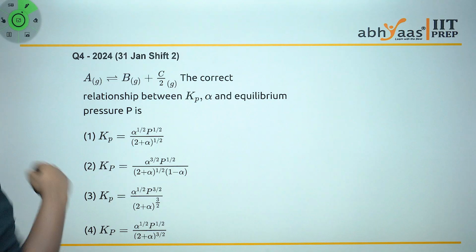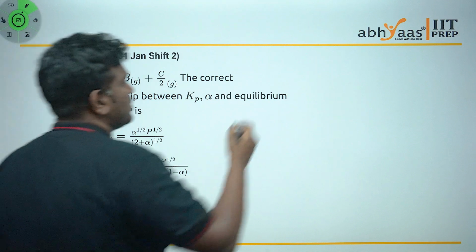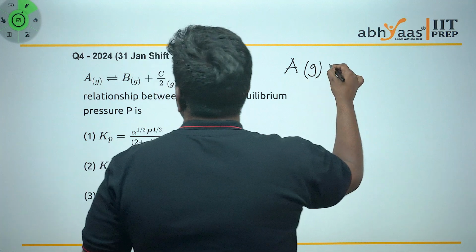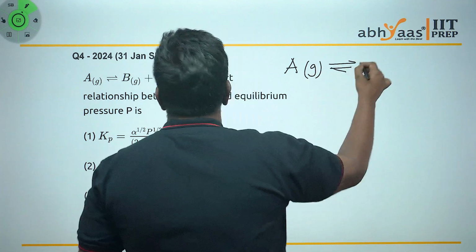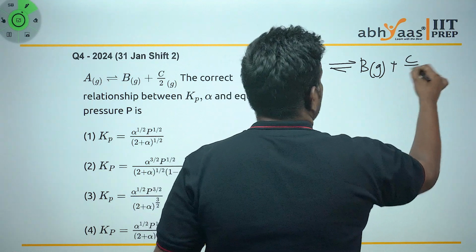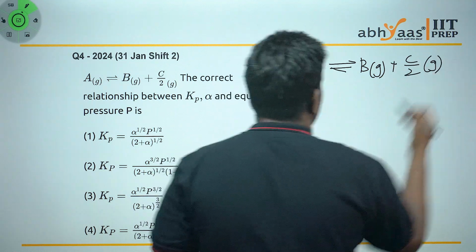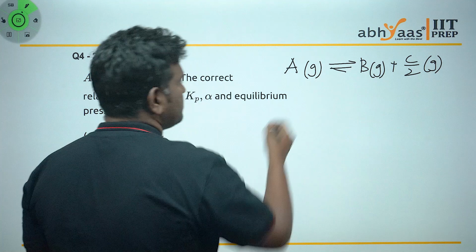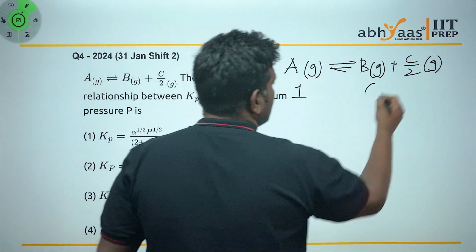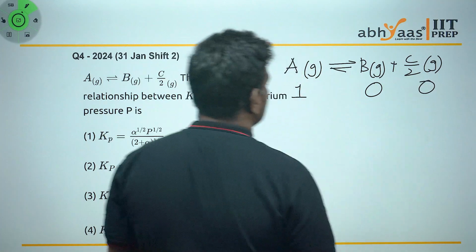Now we will just see how the concentrations of these reactants are changing. A, a gaseous reactant, giving you B, which is a gaseous product, and C by 2, which is a gaseous product. Initially, the concentration is 1. Here, you will have no concentration.